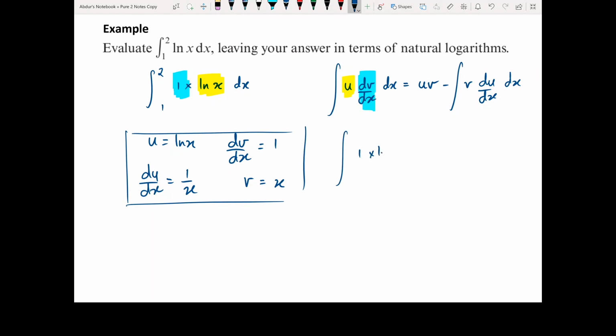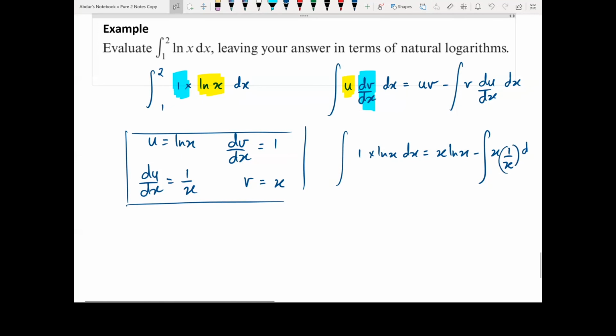So the integral of 1 times ln x dx becomes u times v, which is x times ln x, minus the integral of v du/dx. Now v is x and du/dx is 1 over x, so that's what it becomes.